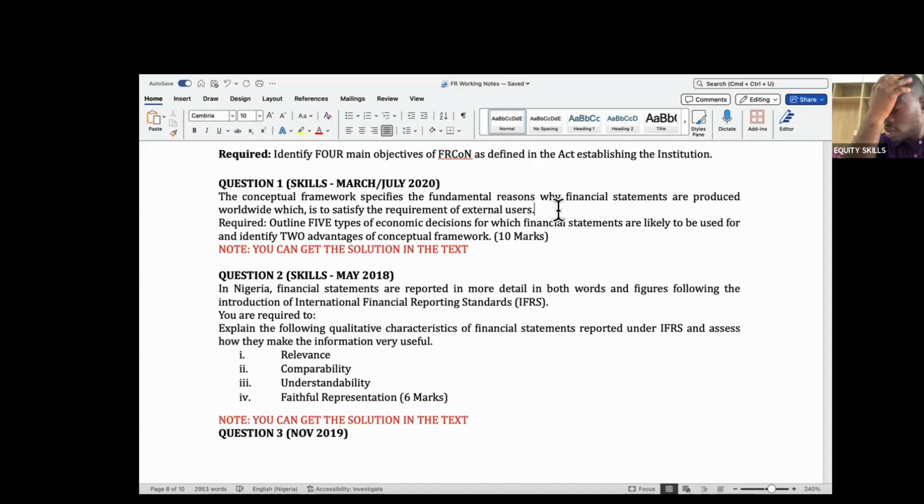conceptual framework. So what are the 5 types of economic decision for which financial statements can be used?